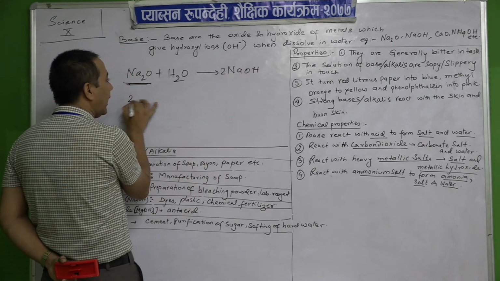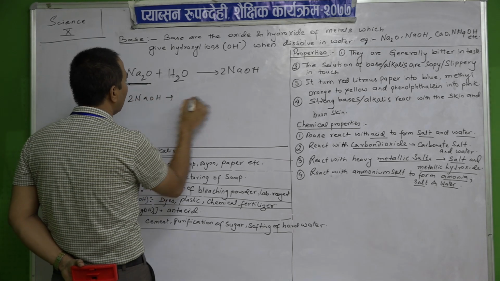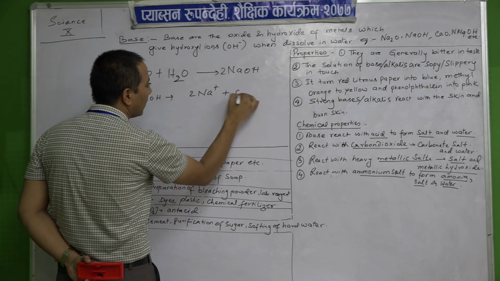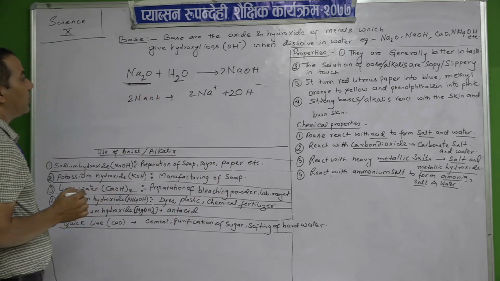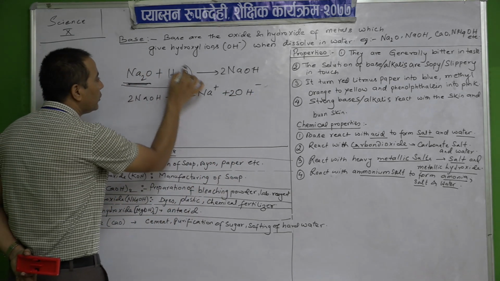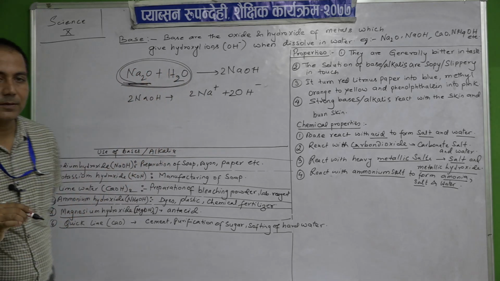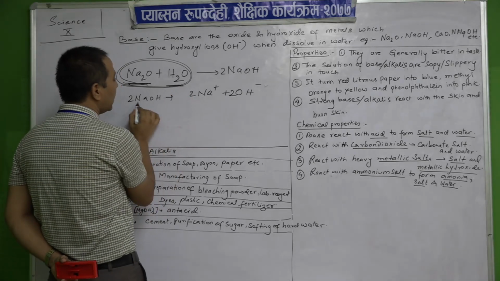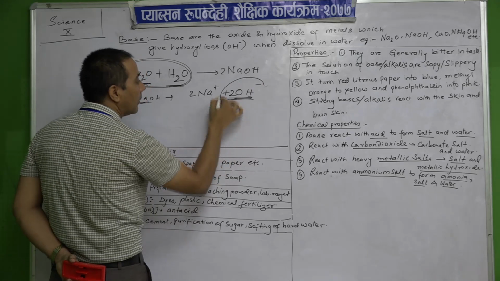So when sodium oxide, a base, is dissolved in water, it produces hydroxide ion.